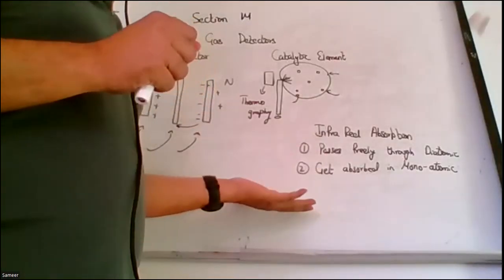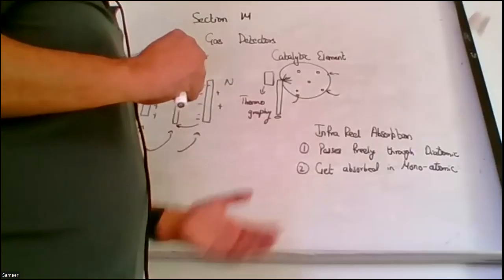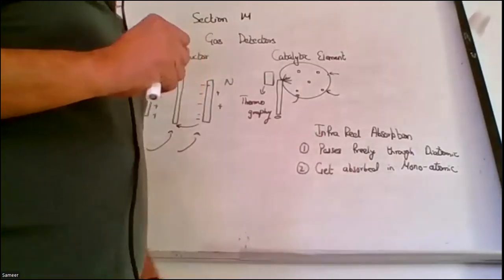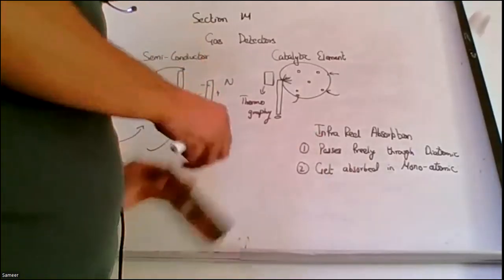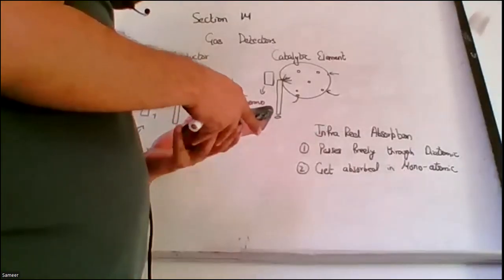So it will pass freely through oxygen, nitrogen, and dry air, but it will get absorbed whenever any type of hydrocarbon comes.